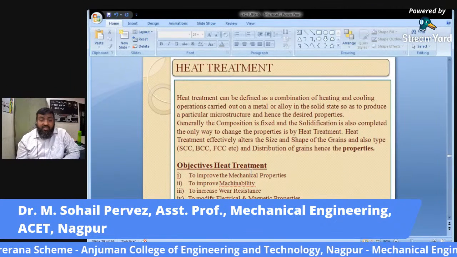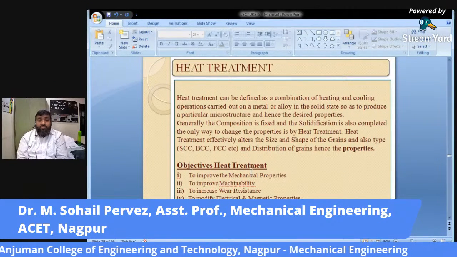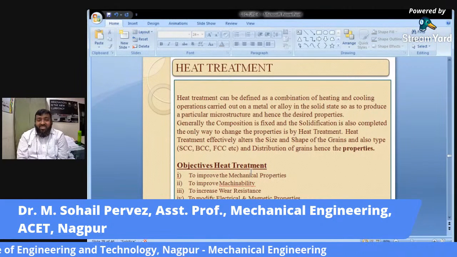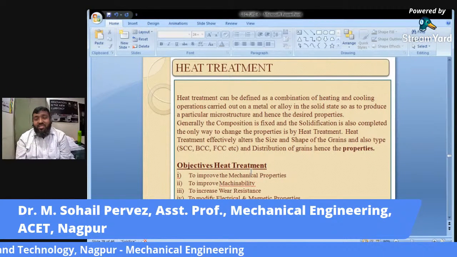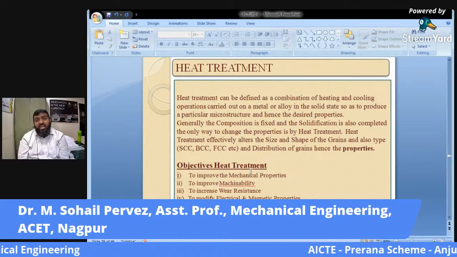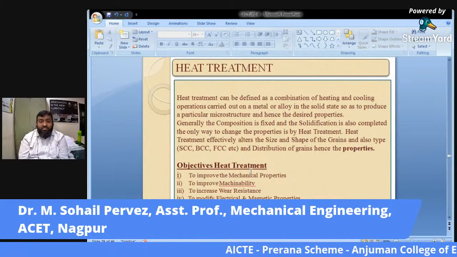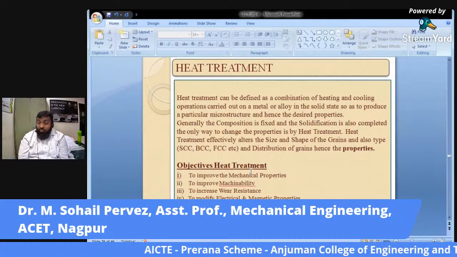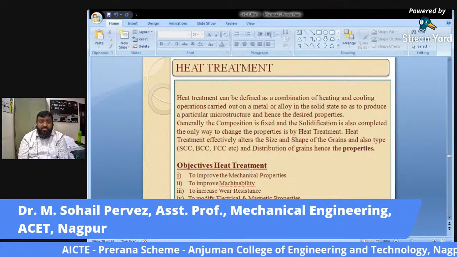Now the next part is heat treatment. Heat treatment is the backbone of retaining or maintaining the desired properties of material. Now what are the objectives of heat treatment?